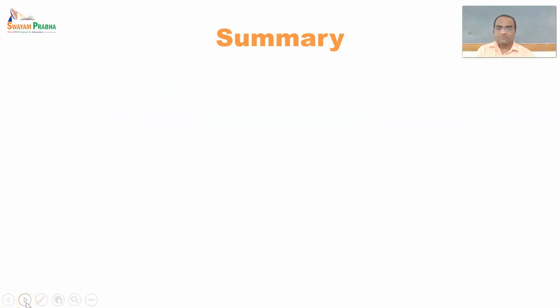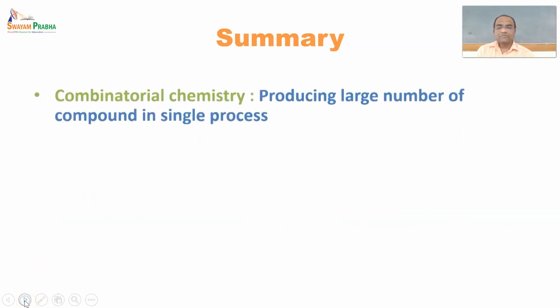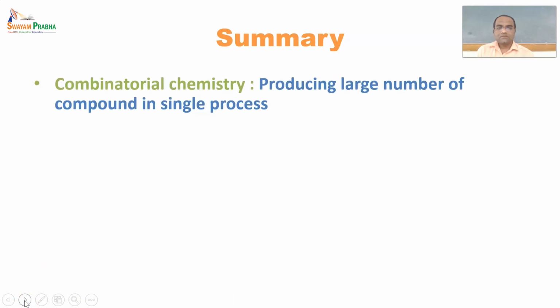Now we'll see the summary of this session. The first concept we saw was what combinatorial chemistry is. It is a concept of producing a large number of compounds in a single process, whereas with conventional synthesis a limited number of compounds are produced, one by one.